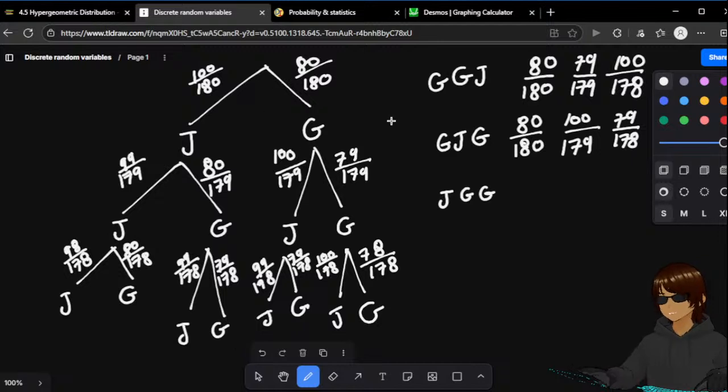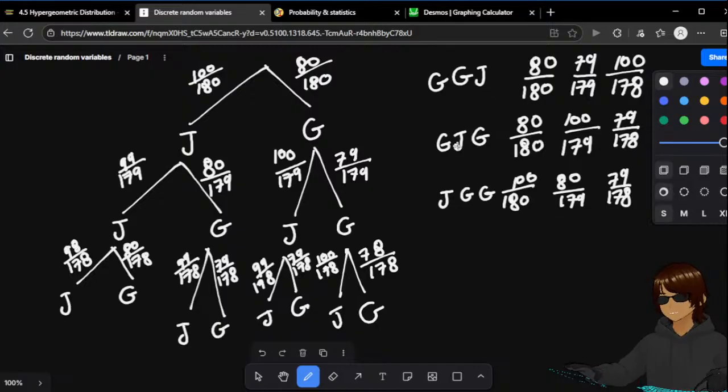Jelly, gummy, gummy: 100, 80, 79. So the numerator remains the same.